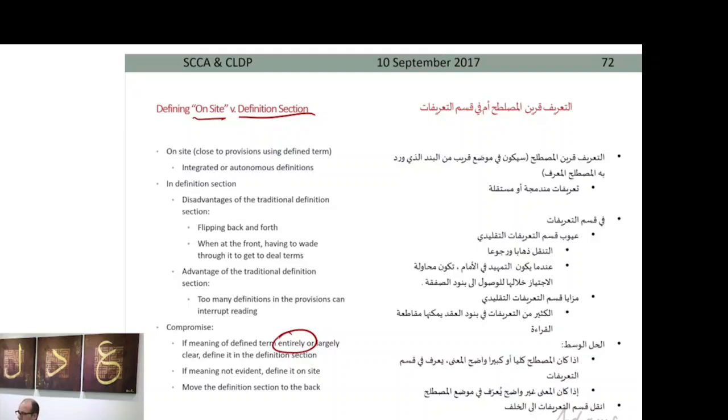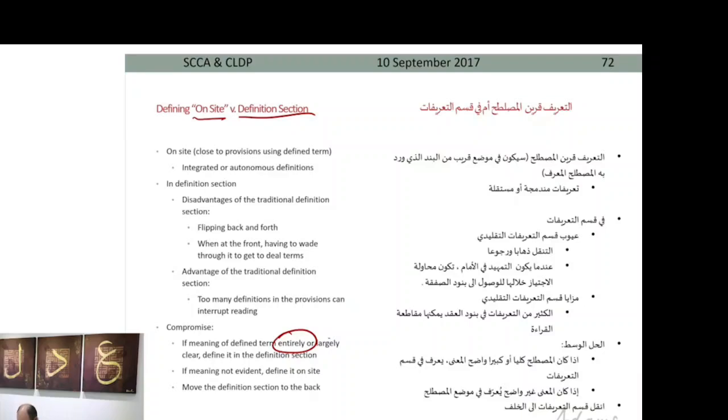By entirely clear, I'm referring to defined terms for government agencies, defined terms for statutes, a defined term like GAAP, generally accepted accounting principles, basically defined terms that anyone who reads your contracts should know the meaning of.